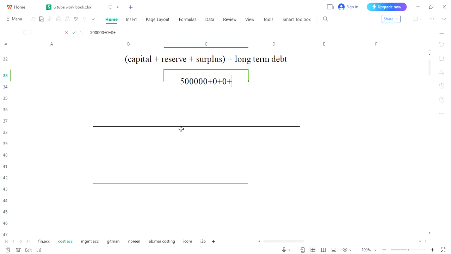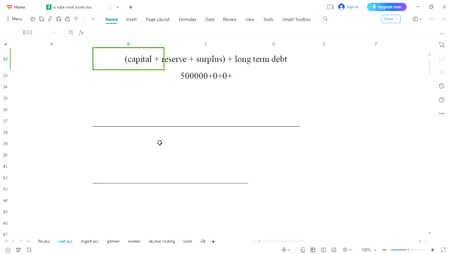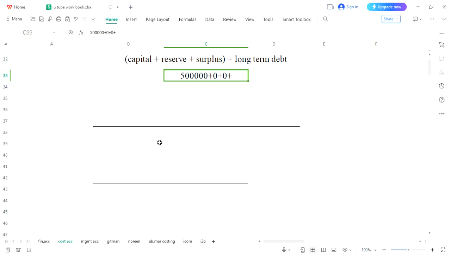After that we need long-term debt, and here you can see fixed liability means you are liable to pay for a longer period of time. So this fixed liability is actually long-term debt, just a difference of wording. Otherwise fixed liability means long-term debt.